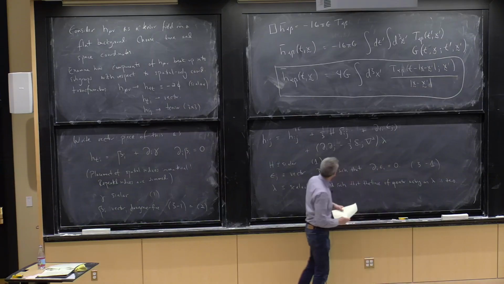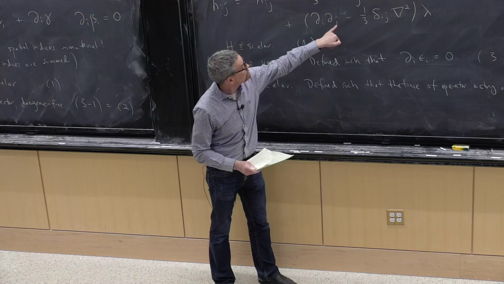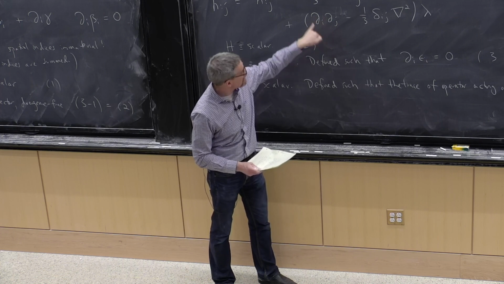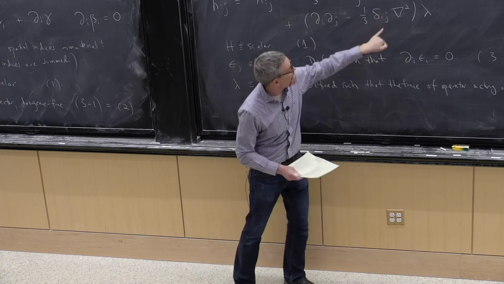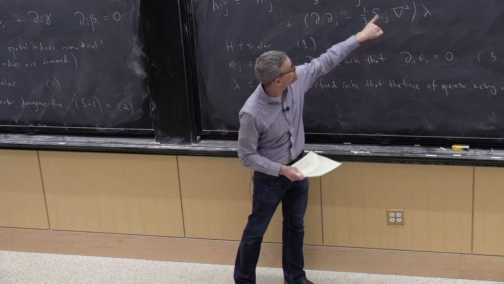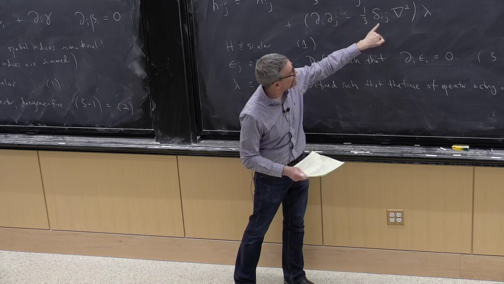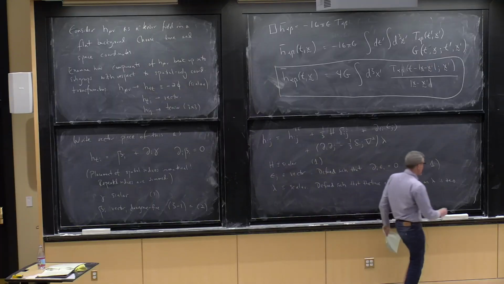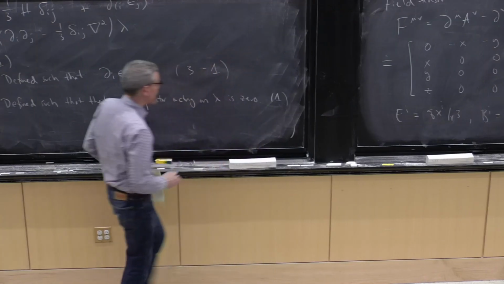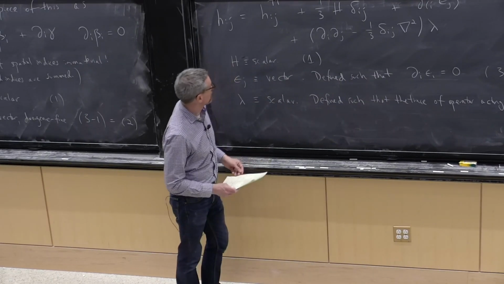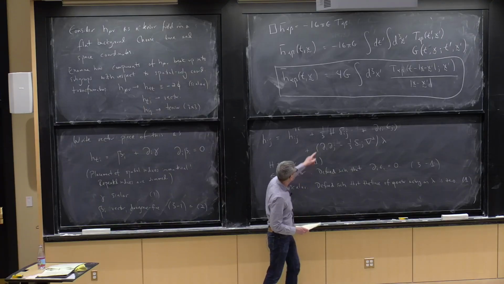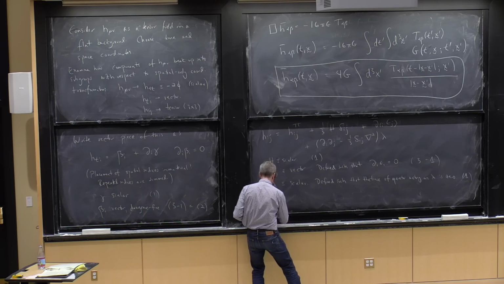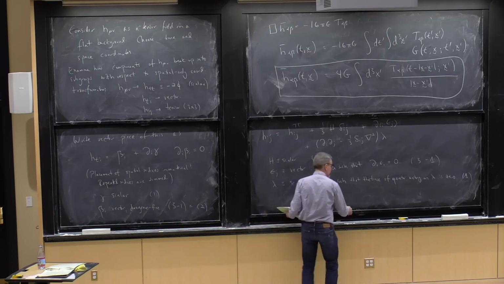What the trace will do is sum over elements when i and j are equal. So this will give me essentially the Laplace operator. But the trace of delta ij is 3. So I get Laplace operator minus Laplace operator. I get the 0 operator acting on lambda. So this gives me 1 degree of freedom. This gave me 1 degree of freedom. Hij TT. And you know what? I'm going to go to a separate board for this one.